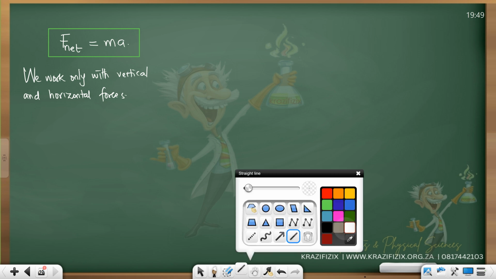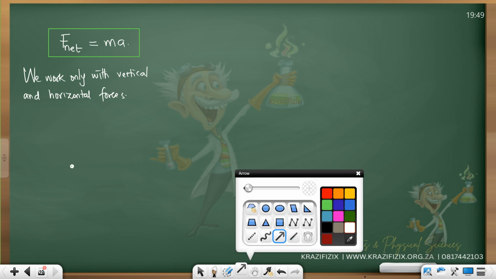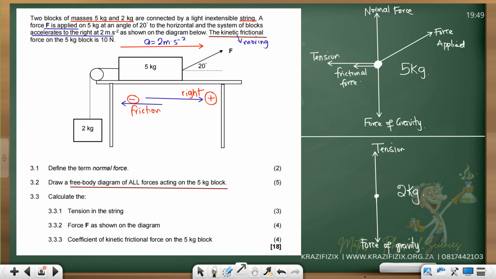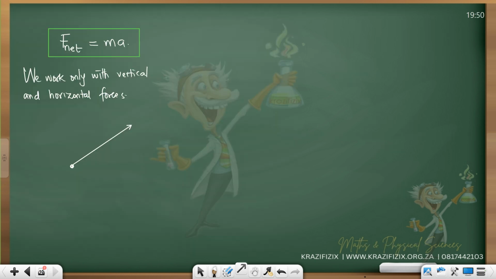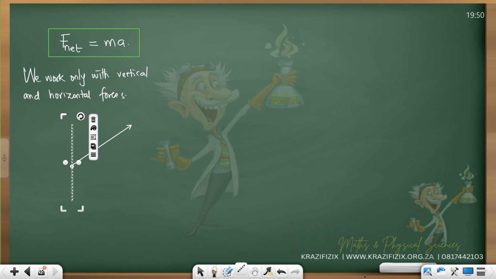Do you remember we're finding the vertical and horizontal components somewhere? So if I look at this, F is like this. Check the diagram. Do you see it? And there's an angle there. What's the angle? 20 degrees, right? Okay, so it's like this. We have a problem with that F. What should we do?